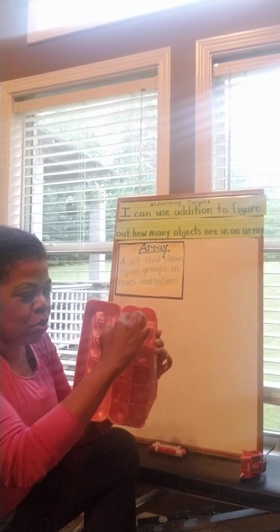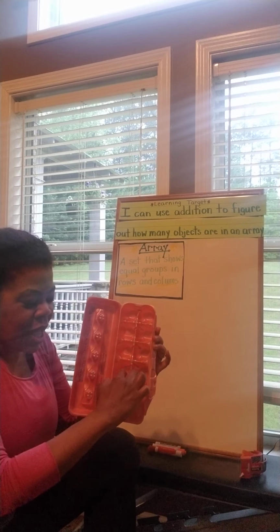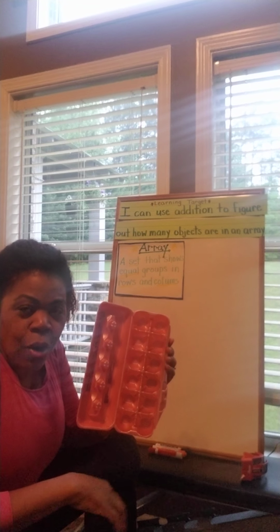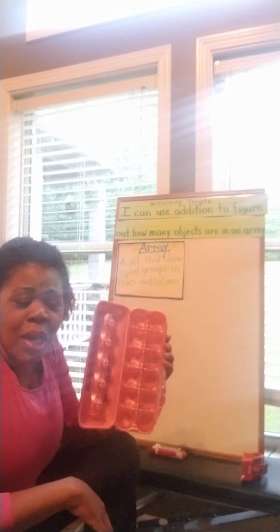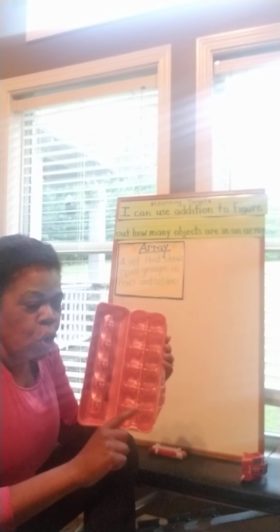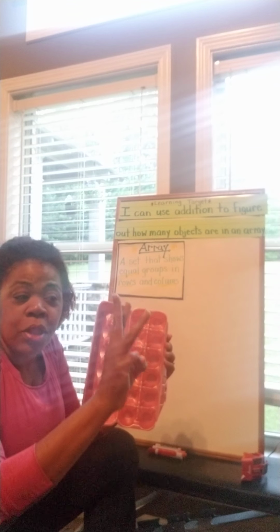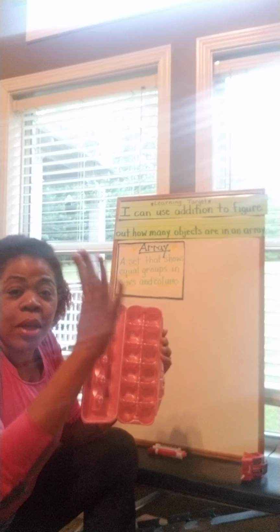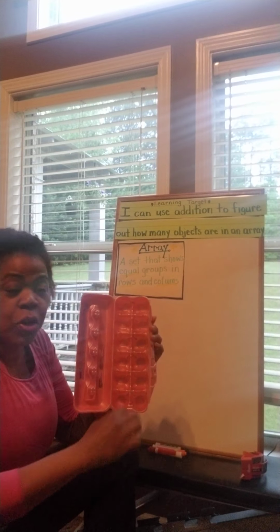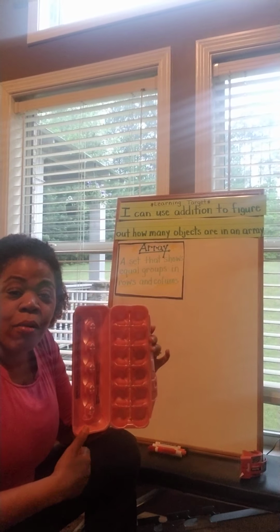We could count by 2s. 2, 4, 6, 8, 10, 12. And we know that eggs, not all the time, but a lot of times come in dozens. And a dozen is what? 12. So it's 2 plus 2 plus 2 plus 2 plus 2 plus 2 again. 6 twos. That would be our repeated addition sentence.